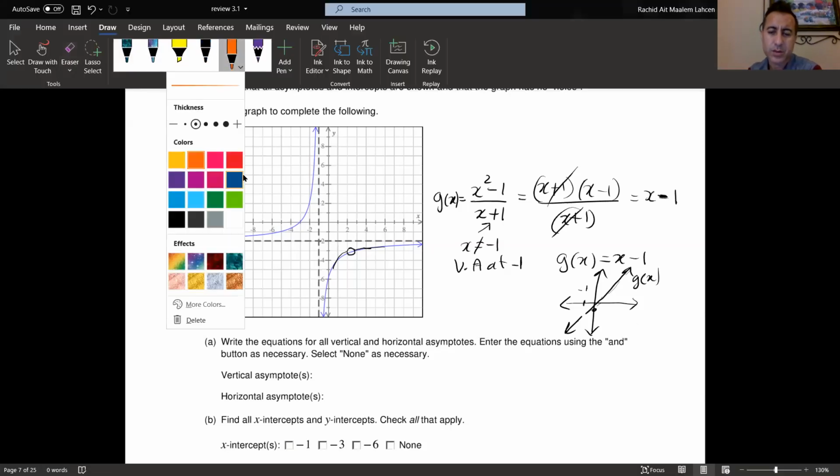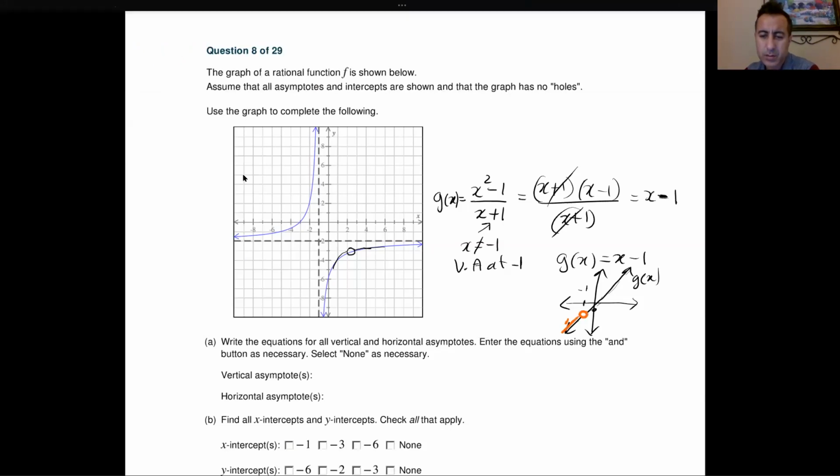And let's change now, say for example, that. All right. So this is a case, if you haven't seen it, and they're saying here that there is no hole in the graph, because if it's printed and it's not showing, they just want to clear that out. But if you haven't seen this type, this is the case where it happens.